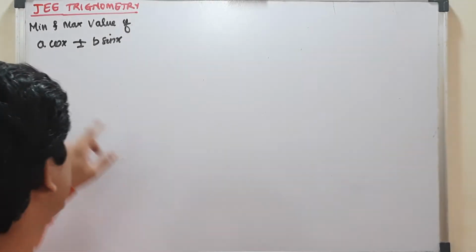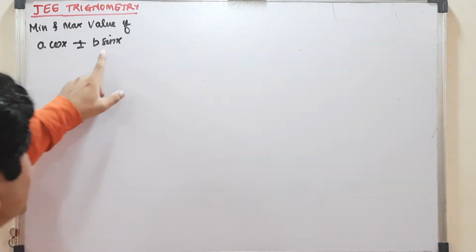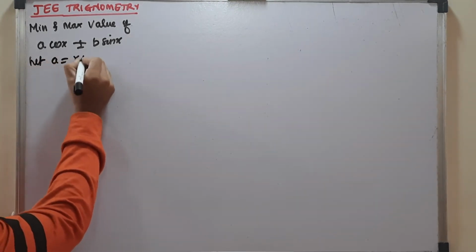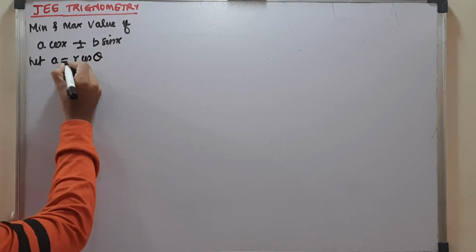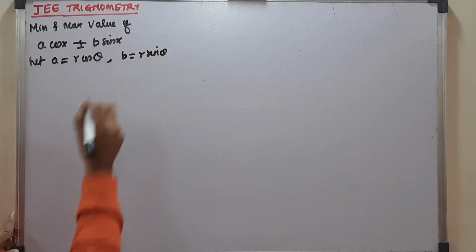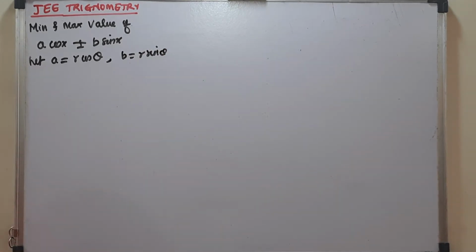That means I will require a cos over here, and here I will require sin. So what I am doing here is taking a is equal to r cos theta, okay, and b is equal to r sin theta, okay. A is equal to r cos theta and b is equal to r sin theta.